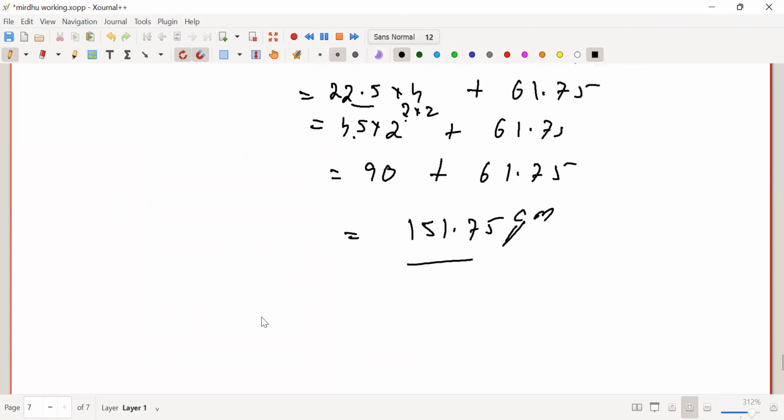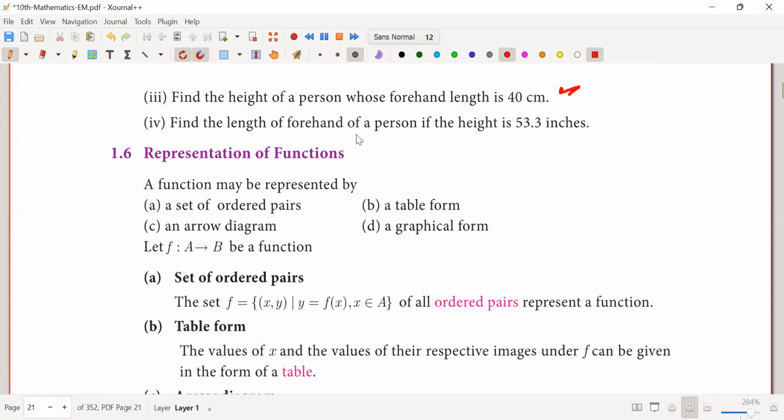The third problem using this is: find the length of the forearm of a person if the height is 53.3 inches. Height is given as 53.3. If we use inches itself, we'll get the answer in inches.